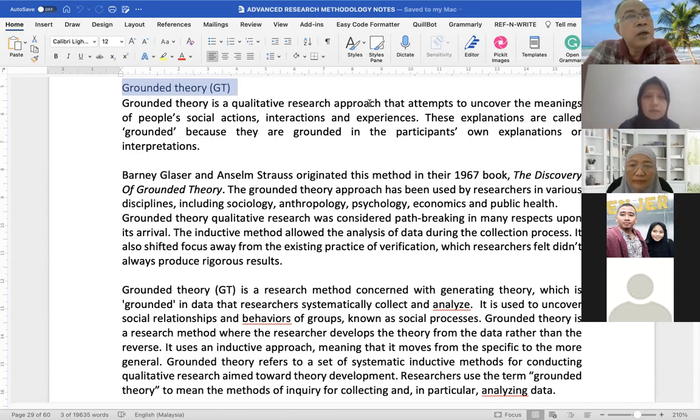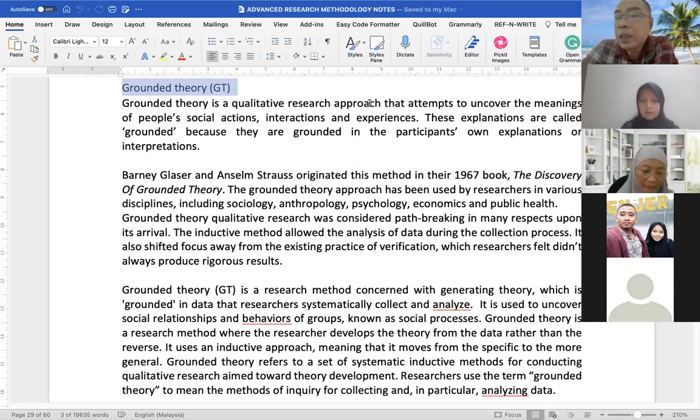How to use Turnitin, maybe, for plagiarism. That one later. And how to do the SLR, systematic literature review.